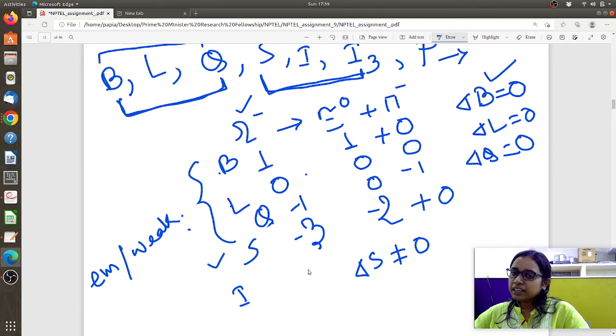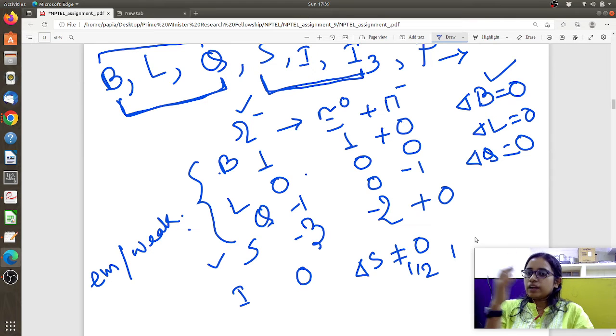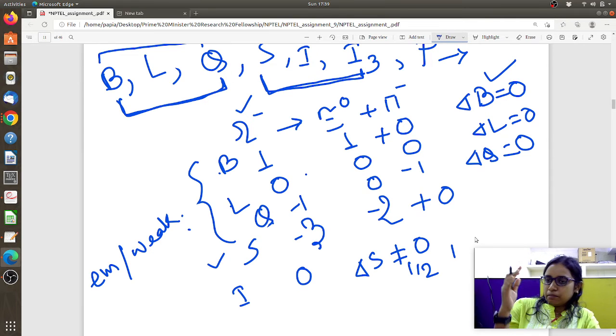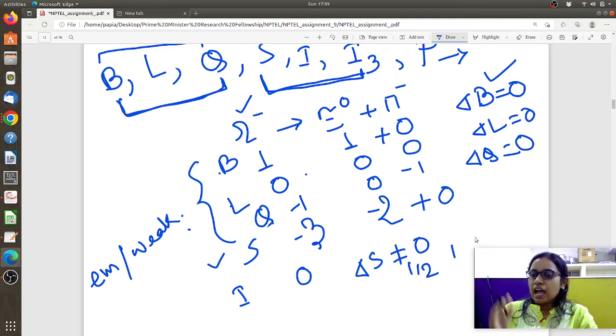Omega minus is the only member of its multiplet, so I will be 0 here. Cascade 0 has cascade 0 and cascade minus, so I is half. And pi minus has I equal to 1, because there are 3 members, pi plus, pi 0 and pi minus.